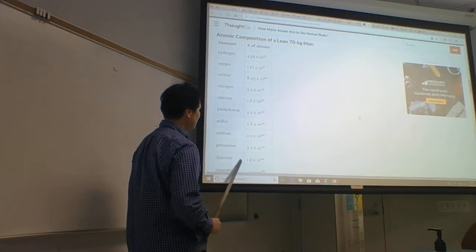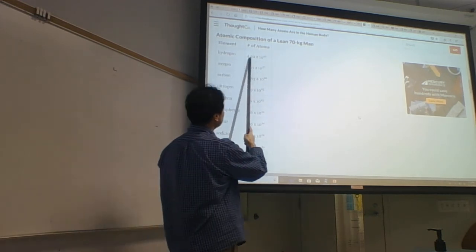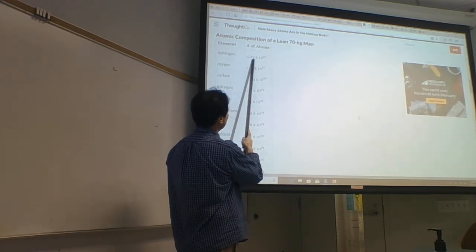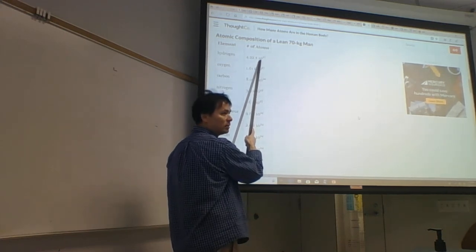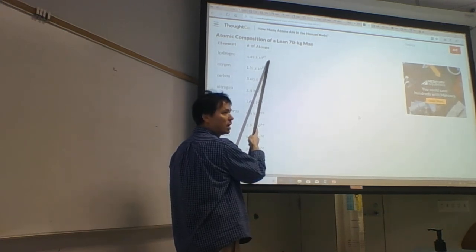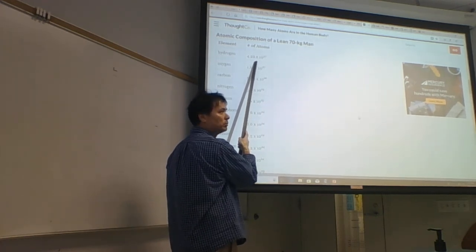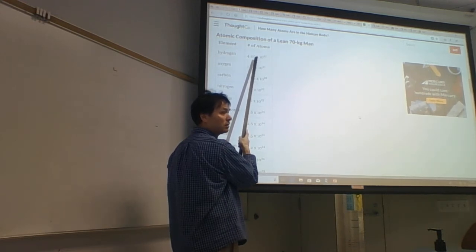And so this is an atom breakdown. This is going to give you atom or mole percentage. We have to take this number of hydrogen atoms, 4.22 times 10 to the 27, divided by the total number of atoms, 7 times 10 to the 27, times 100. So it's about 4 out of 7. 4 out of 7 would be about what? 40%? Roughly?